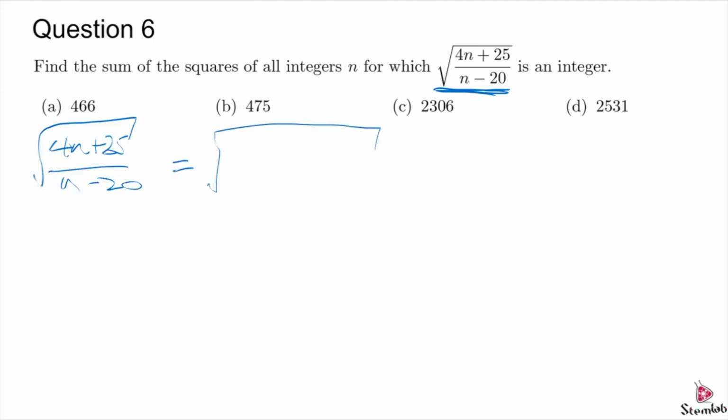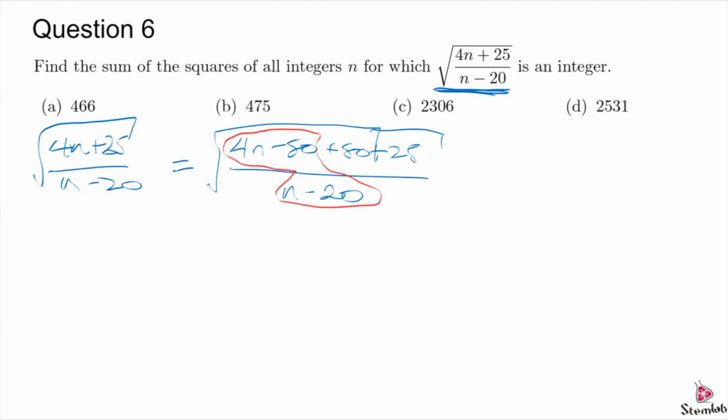So we will write this as 4n minus 80 plus 80 plus 25, all over n minus 20. Notice that the first part just collapses to 4. So we end up with the square root of 4 plus 105 over n minus 20.